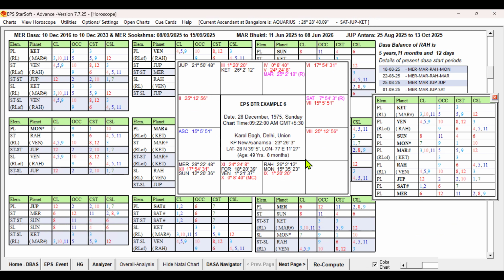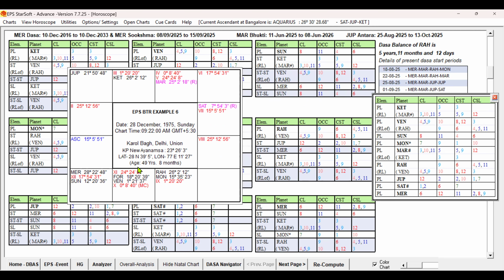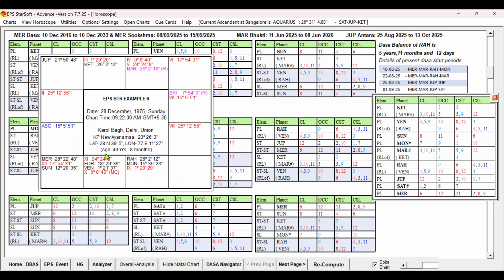And the solar key planet should be playing a role in the Bhukti. Right? So the first point, let us go one by one, is that Sun has to lose its sixth lordship and Mercury has to get some favorable sub lordship. That is the first point we have to keep in mind. Accordingly, we have to adjust the birth time.